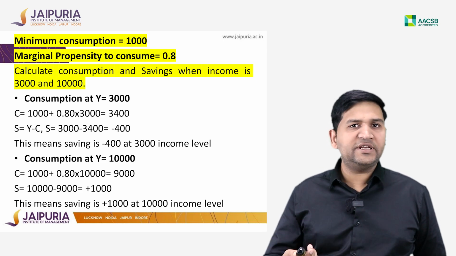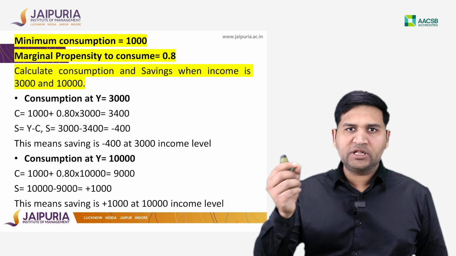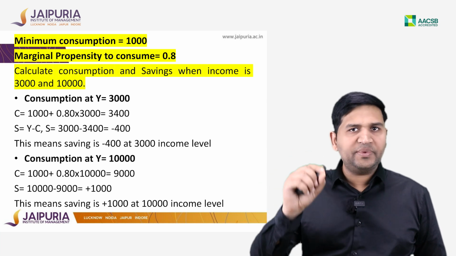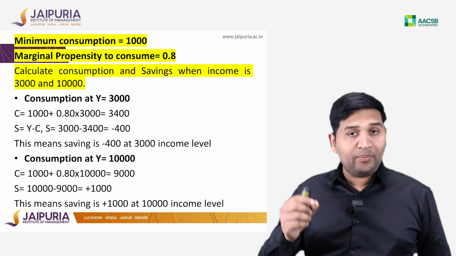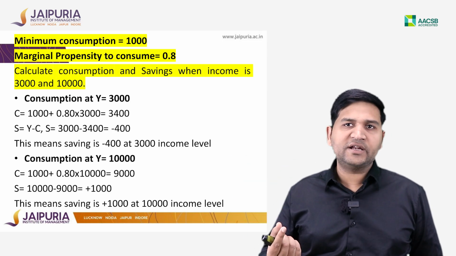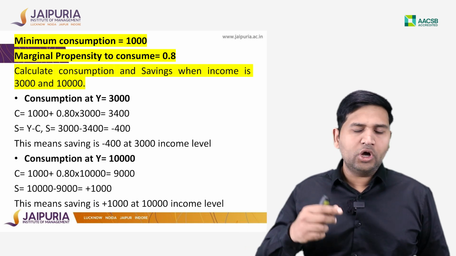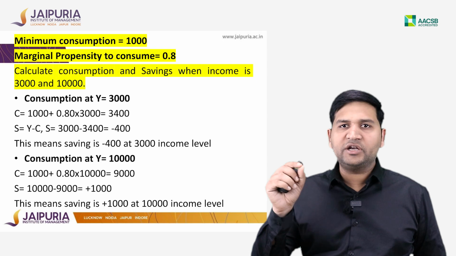So when income is 3000, then consumption is equal to A, which is 1000, plus B, the marginal propensity to consume, that is 0.8, multiplied by YD, the disposable income. No taxes are given, so your total income will be your disposable income. When you do the calculation, you will arrive at 3400.